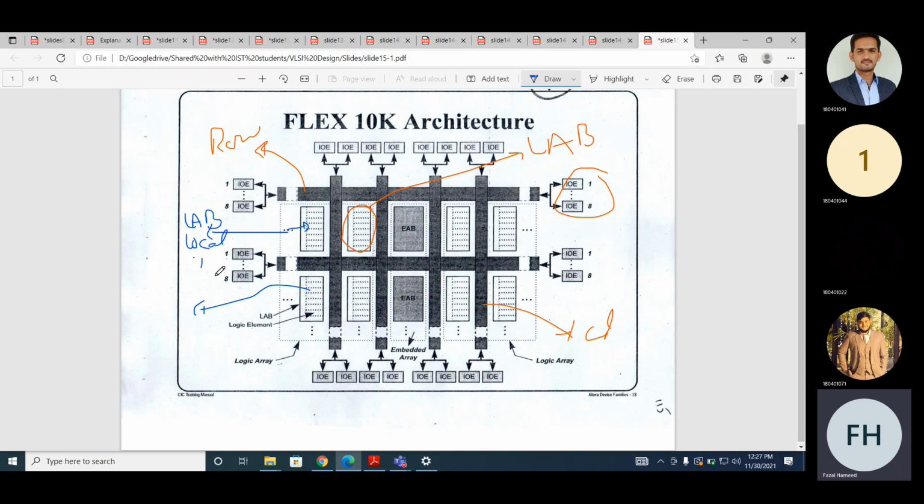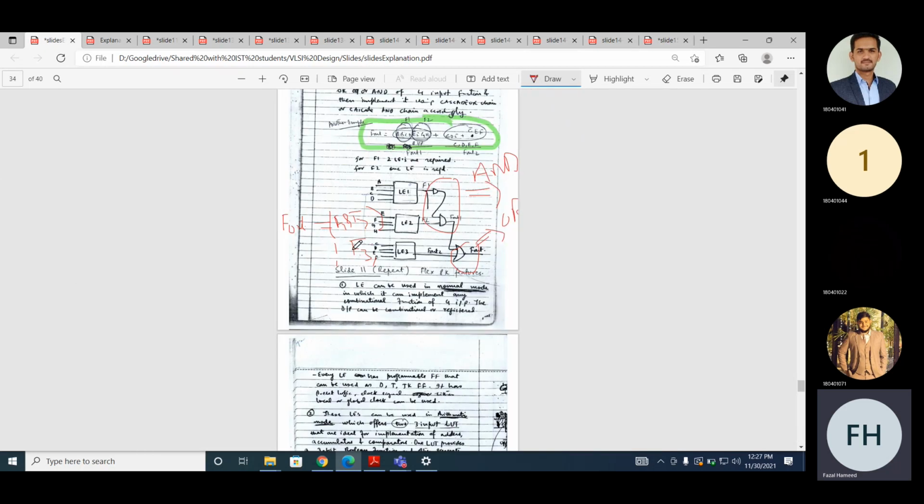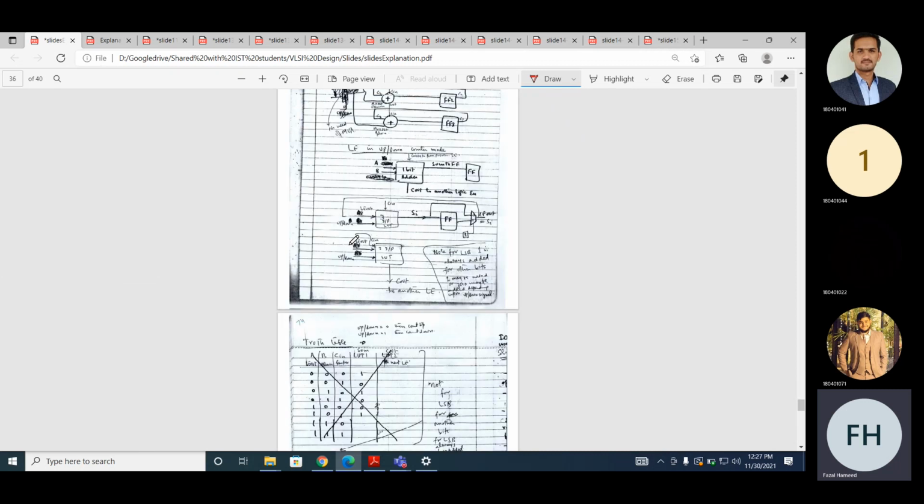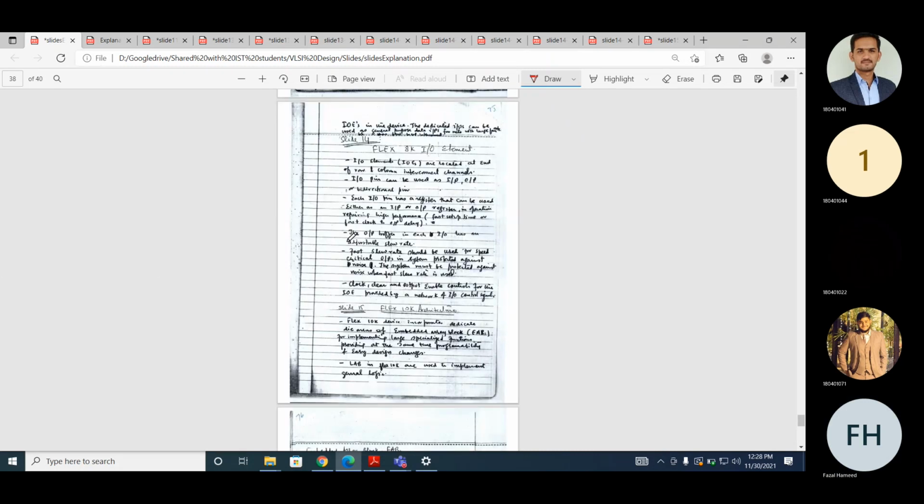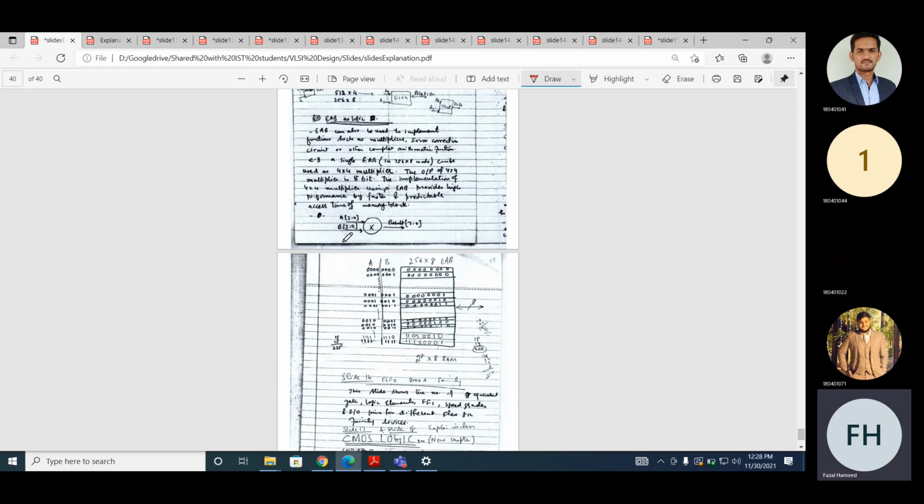Okay. Now, in addition to this, we have an EAB. What does EAB stand for? EAB stands for embedded array block. Now I will explain what an embedded array block is.